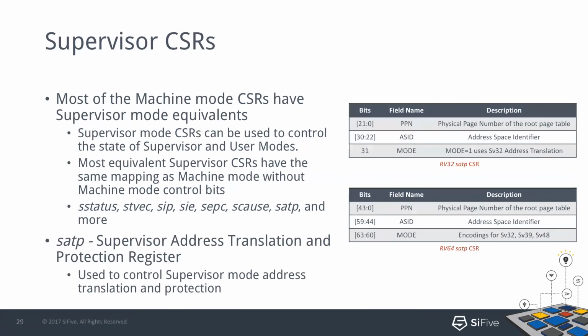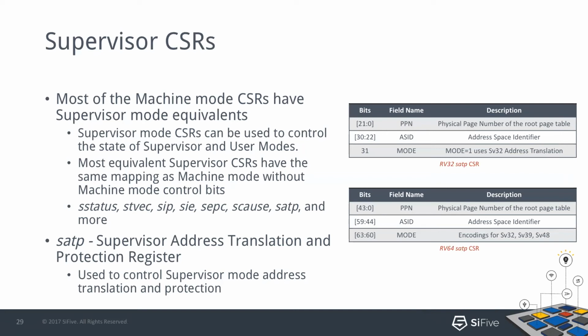I do want to talk about one particular supervisor mode CSR, though, as it is different than the rest, and that is the supervisor address translation and protection register. We mentioned earlier that supervisor mode is required because it's how you implement support for virtual memory. I have the fields broken out in the table on the right.